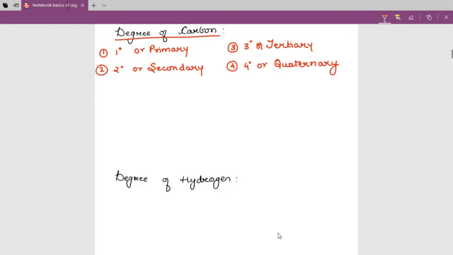So we have 4 types of carbons based on degree of carbon.